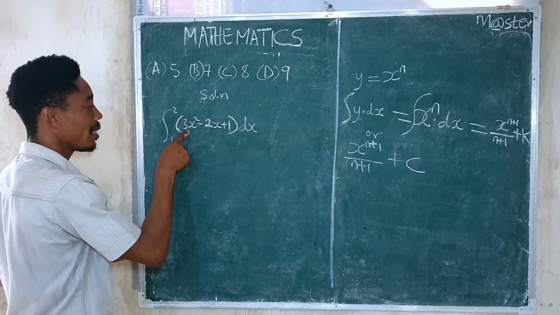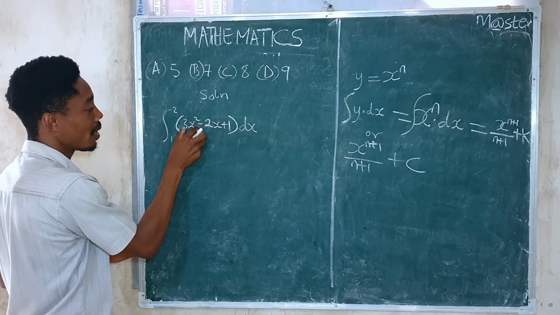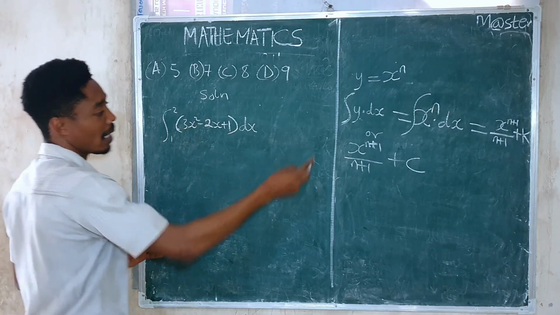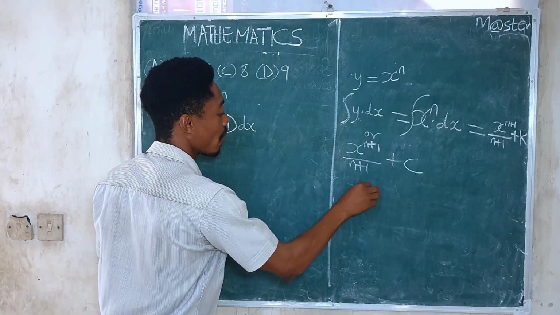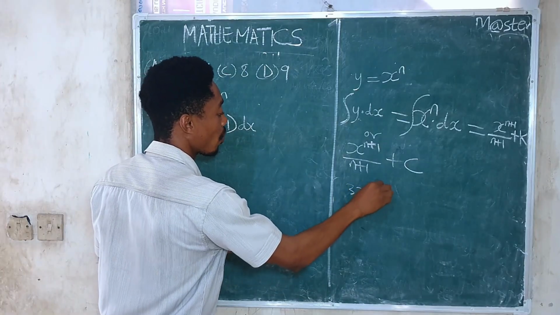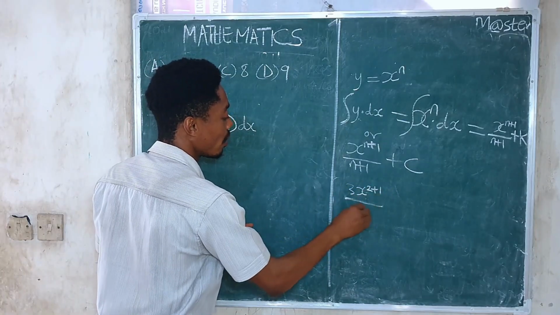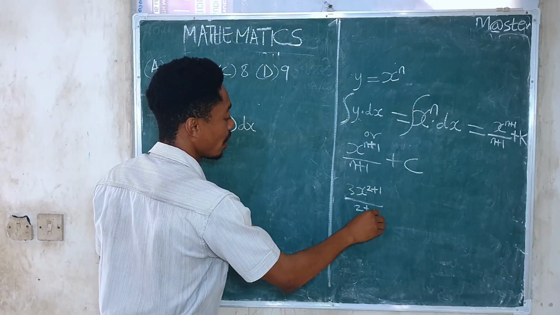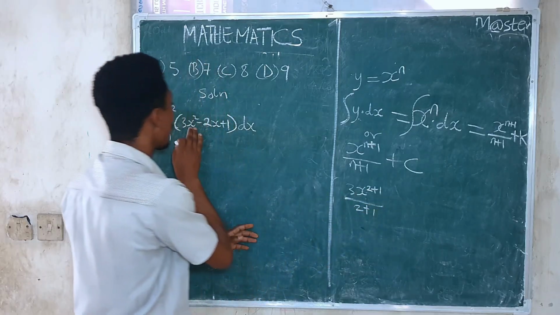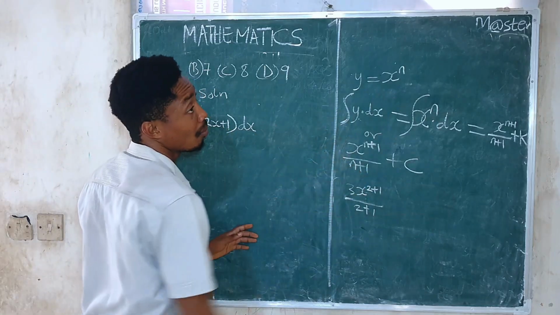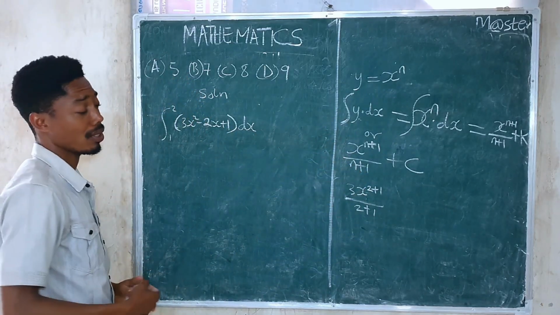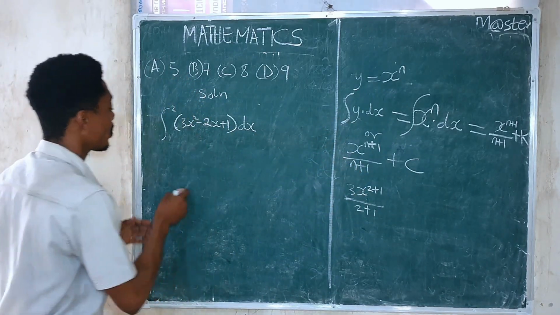So, integrating this first, I will integrate 3x squared. This will be 3x raised to power 2 plus 1 all over 2 plus 1. I will finish all of the terms, and then I will include my constant k, the constant of integration. Alright, so let's begin.